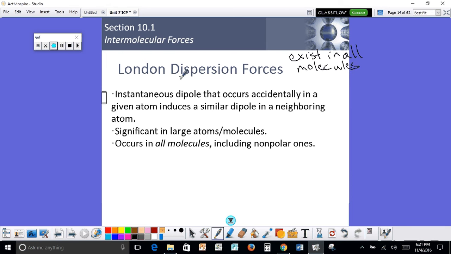I also want you to know that these are the weakest of all the IMFs, and since they do exist in all covalent molecules, we need to realize that we're only really going to recognize them in nonpolar molecules. The reason why is because nothing else is going on in nonpolar.